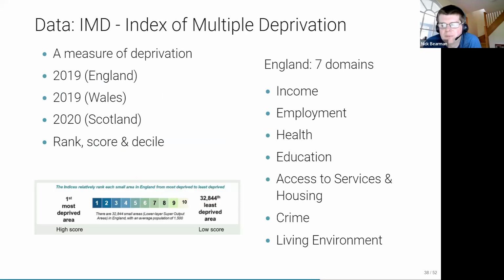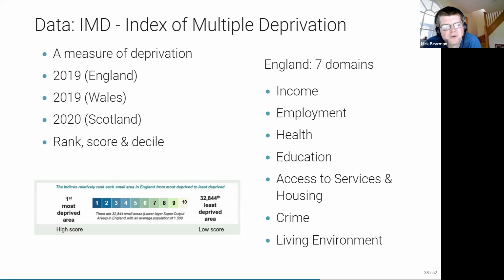One other thing I thought might be of interest to this audience, particularly, is the Index of Multiple Deprivation, IMD. And this is a way of measuring how deprived different areas are. England, Scotland, Wales, and Northern Ireland all do their own slightly different thing, but it works in more or less the same way. There are 7 what they call domains.